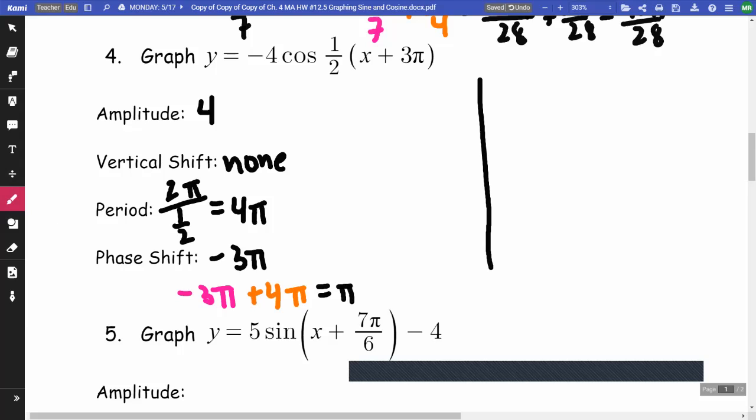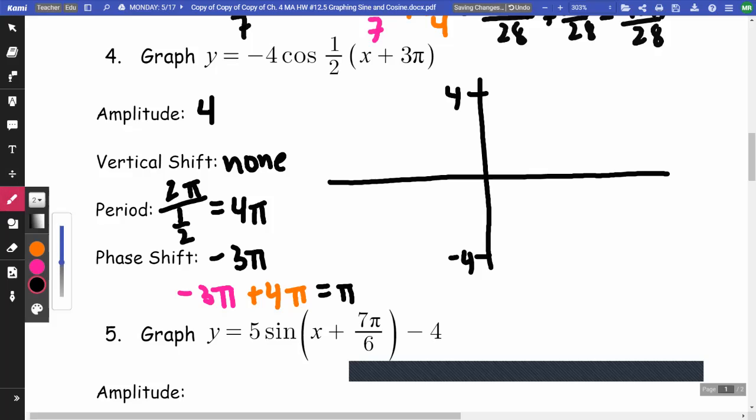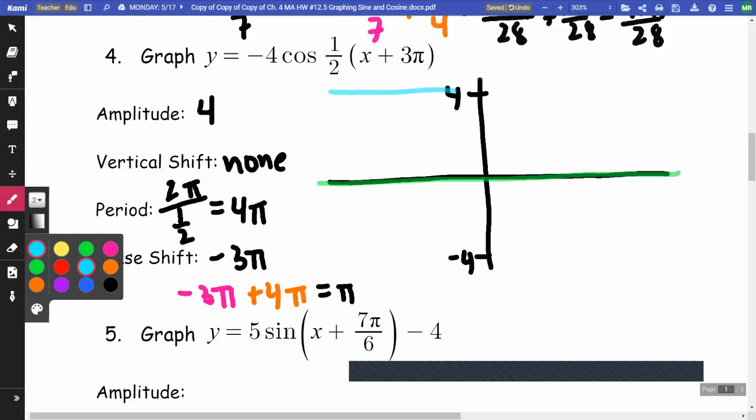Also, no vertical shift. Okay. The highest I'm going to go is 4. The lowest I'm going to go is -4. So my vertical shift is here. High, low.